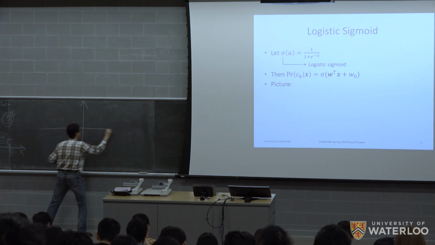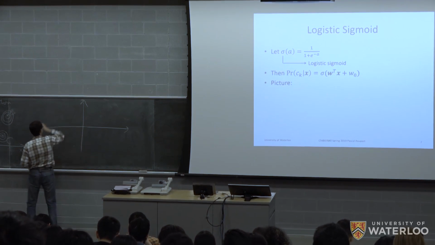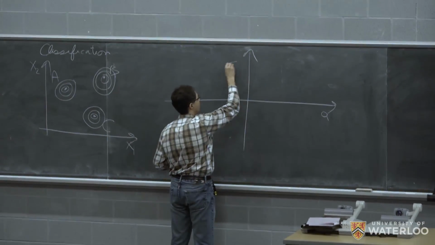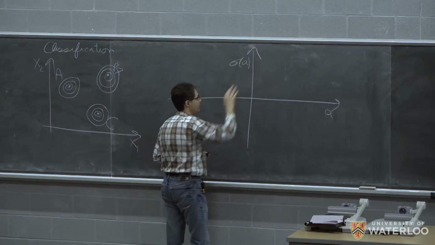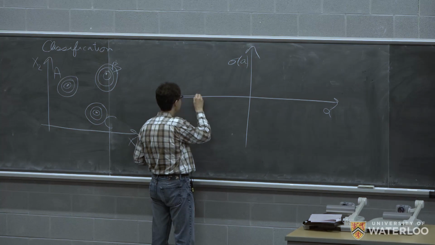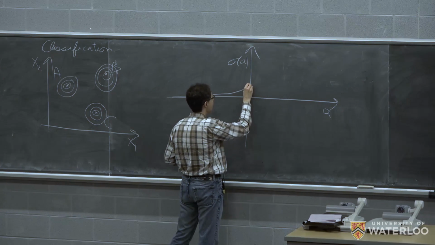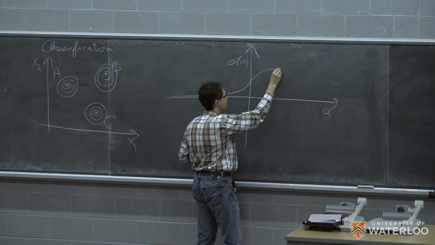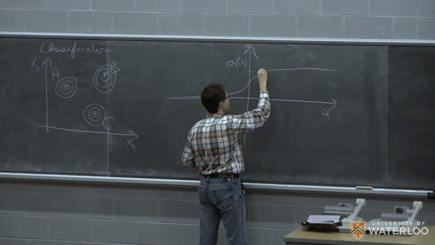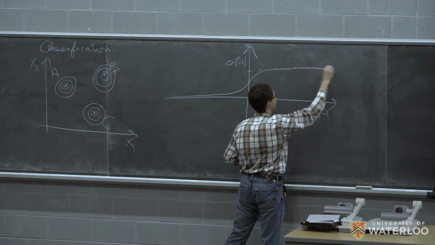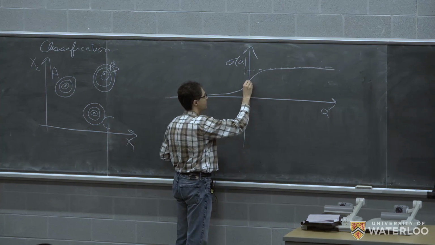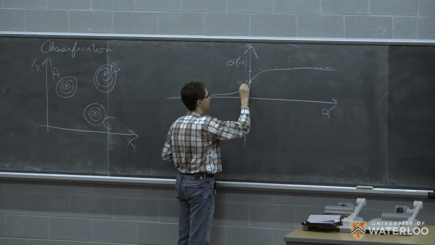Okay, so the logistic function. Let's put a on the x-axis. We're going to have sigmoid of a on the y-axis. So it's a function that starts near 0, then it goes up, crosses, and then asymptotically reaches 1. Here it reaches roughly 1. And then it crosses the y-axis at 0.5.